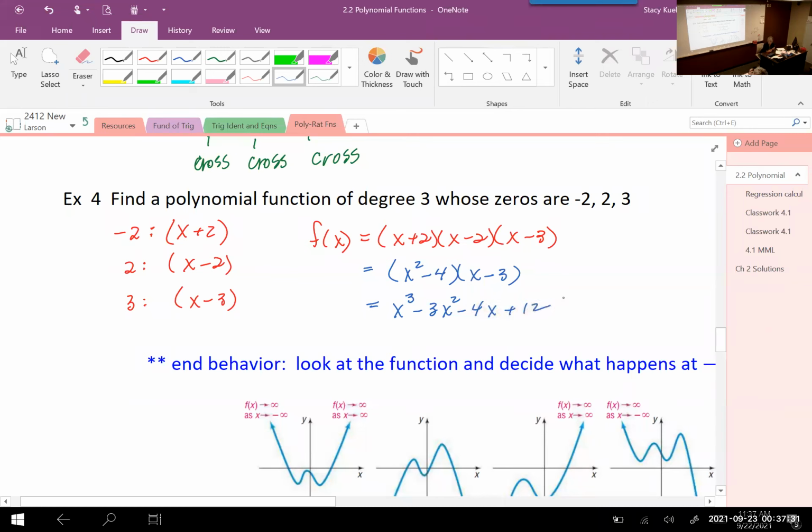Okay, you get x cubed minus 3x squared minus 4x plus 12.